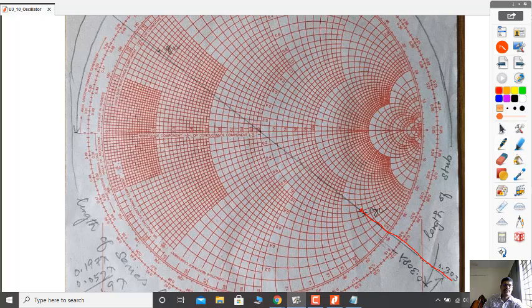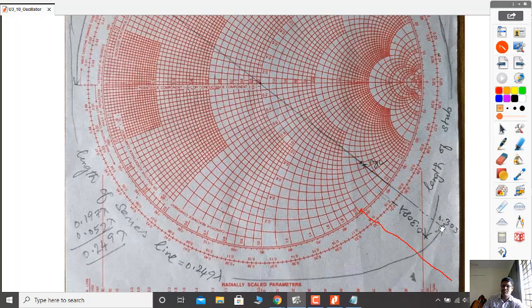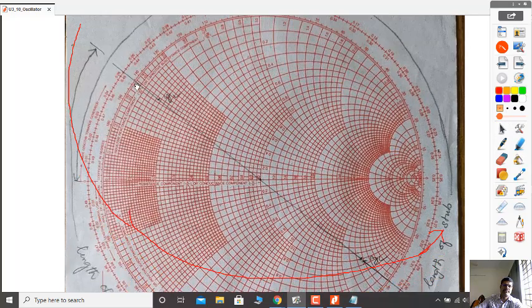Now, from this line, you measure the distance. You move around the Smith chart until you reach this point, the extension of the YL.